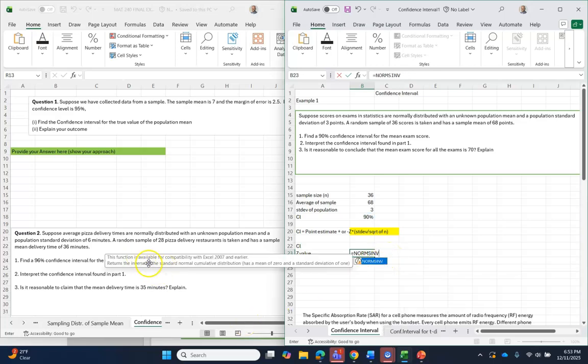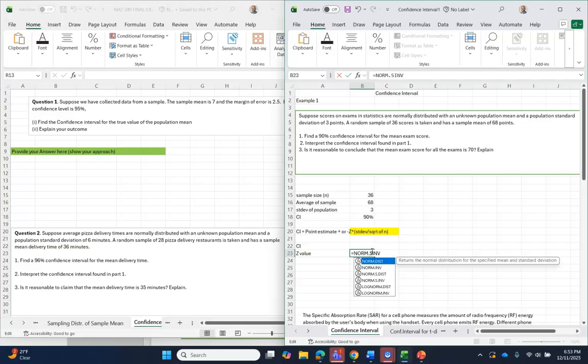You can see that this function is available for compatibility with Excel 2007 and earlier. But we could use the most current one, where you put a dot between the S, and that formula will be the same, NORM.S.INV, and you just need to put the probability.